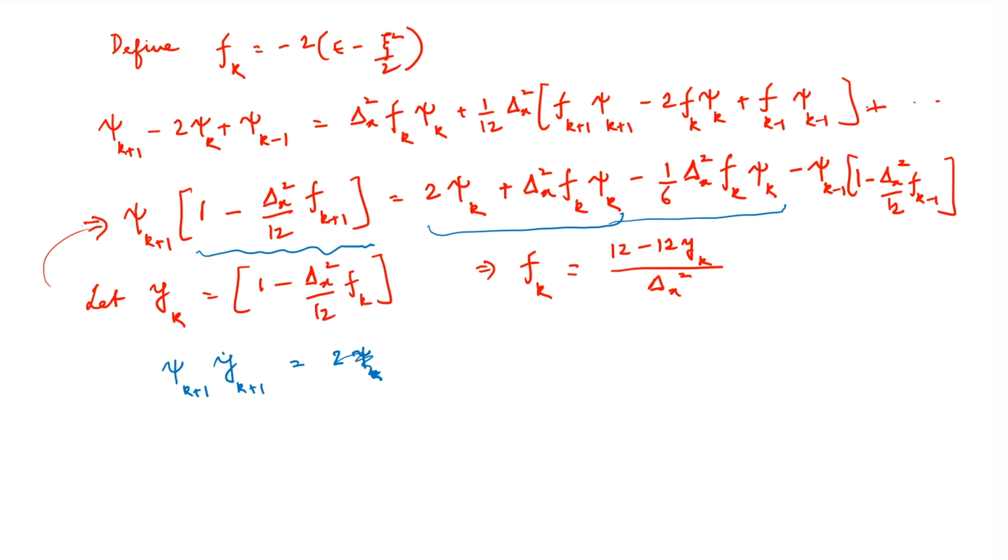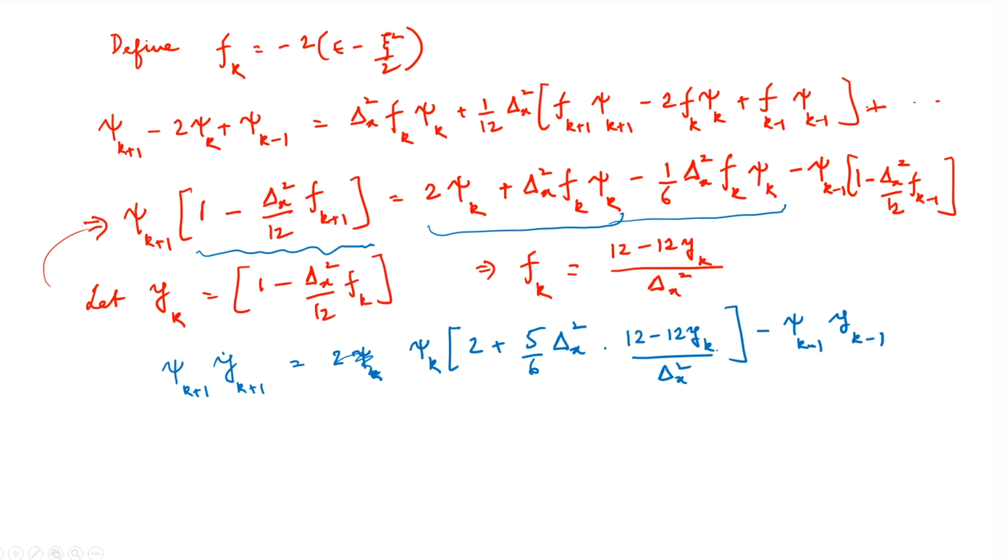So, what I will get is psi k into 2 plus 5 by 6 grad x square, and f k is 12 minus 12 y k by del x square minus psi k minus 1 y k minus 1. And if I do some algebra, these two cancel out and this 6 I can cancel out into 2.